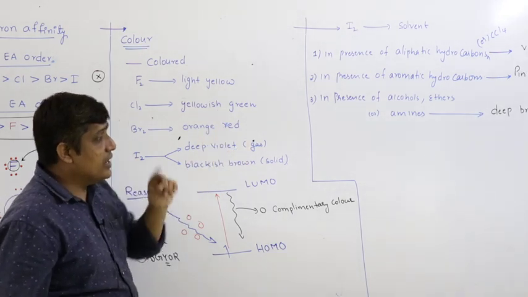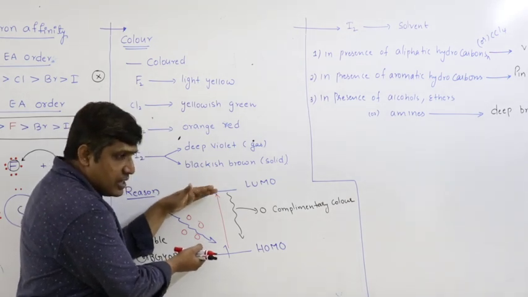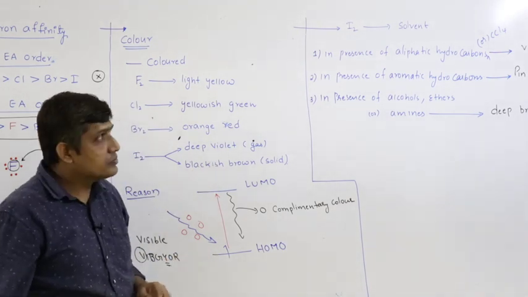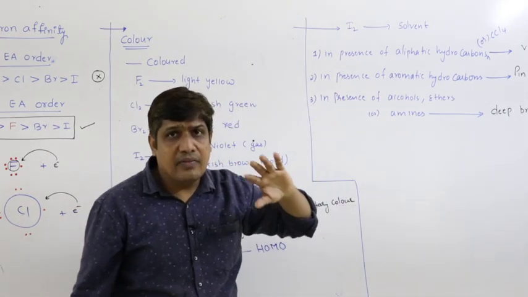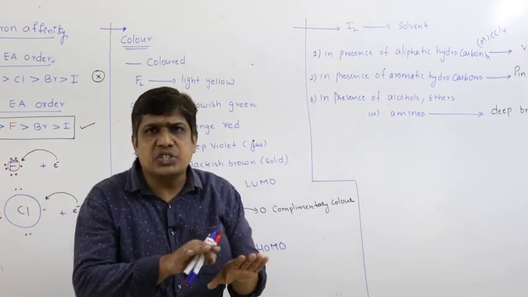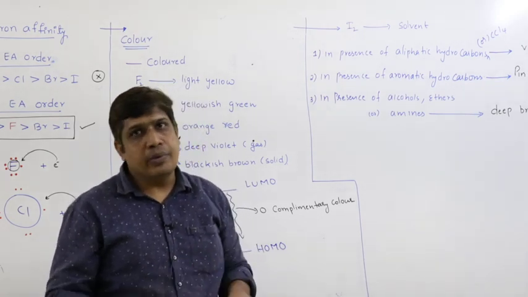If the solvent interferes or alters this energy difference, then only the color will change. Aliphatic hydrocarbons are nothing but saturated hydrocarbons. They do not possess any lone pairs.